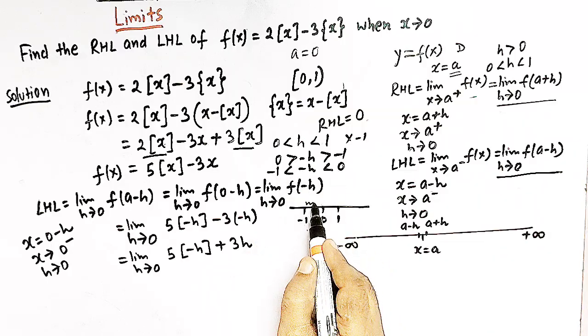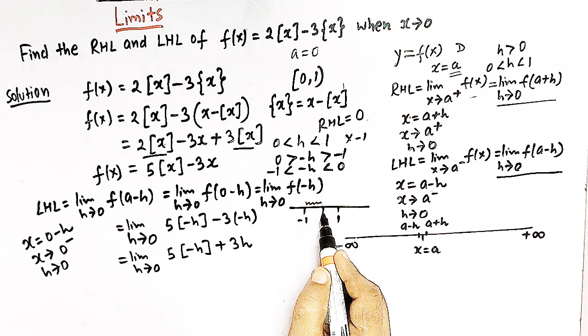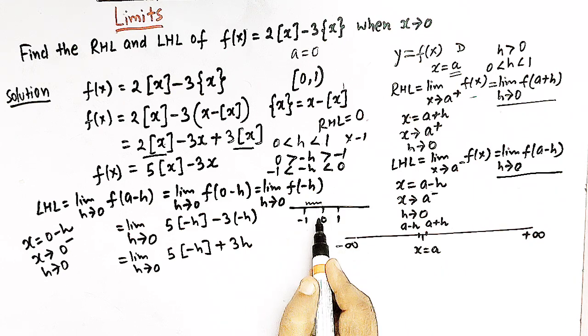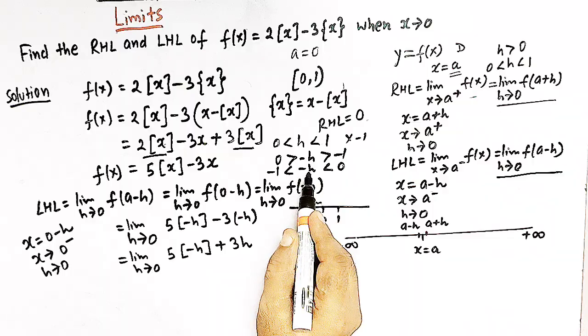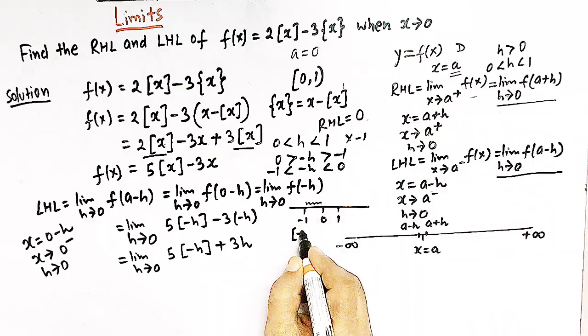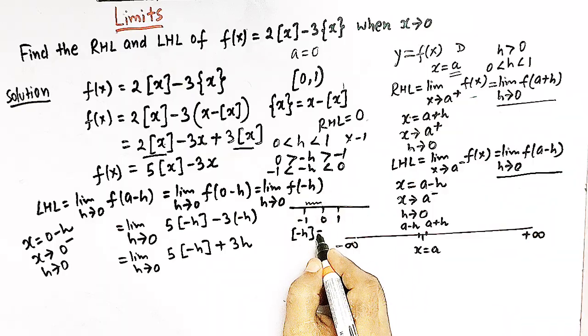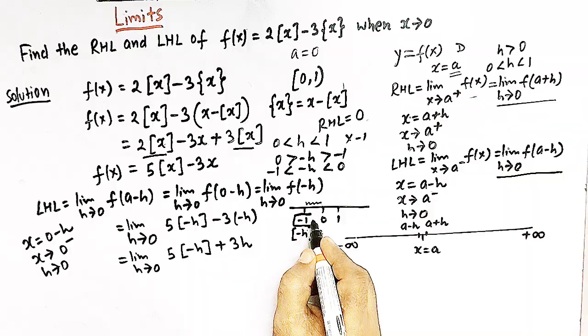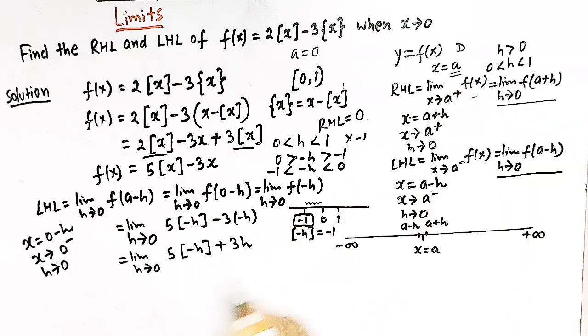So it lies somewhere between -1 and 0 but close to 0. So the greatest integer of minus h is equal to -1 due to the definition of the greatest integer function.